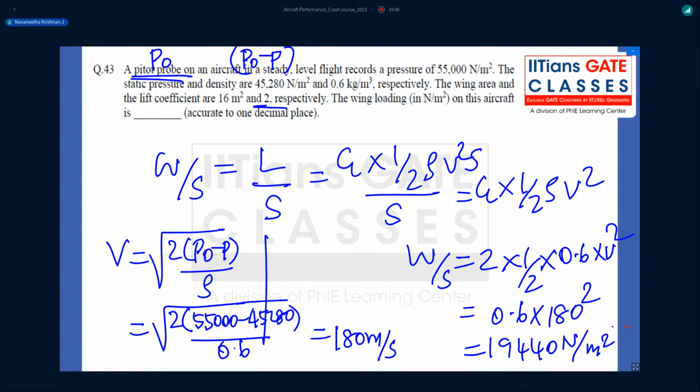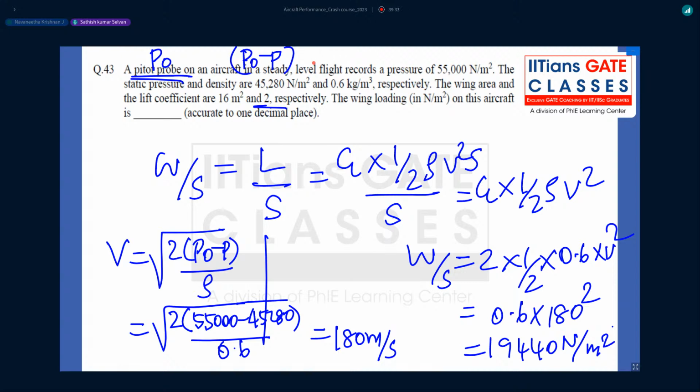Yes. Any doubt? Satish, do you have some doubt? So the dynamic pressure we can directly get from P naught minus P. Yeah, but we are not having dynamic pressure directly because only Pitot probe is given. What I'm saying is that in that equation, 2 into half rho V square is there.